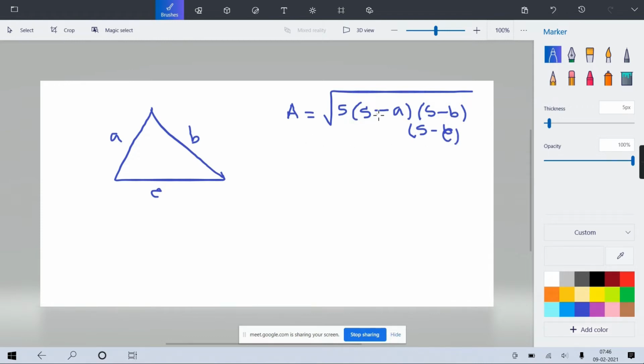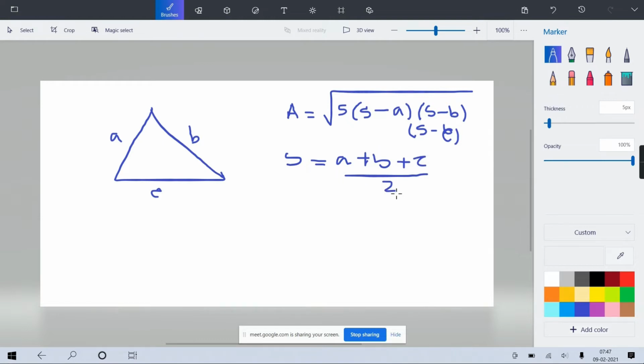Okay. So area is the square root of S into S minus A into S minus B into S minus C, and S is A plus B plus C divided by 2.